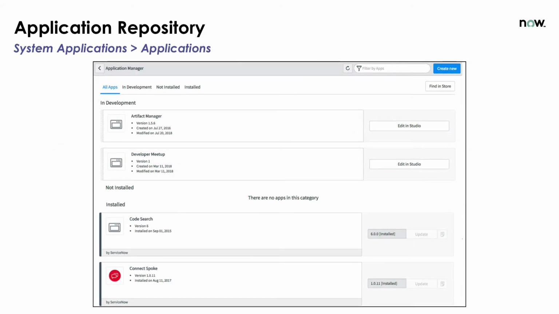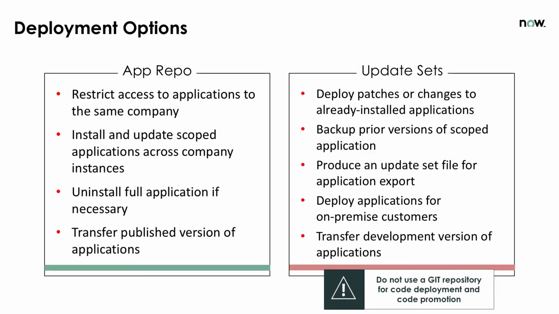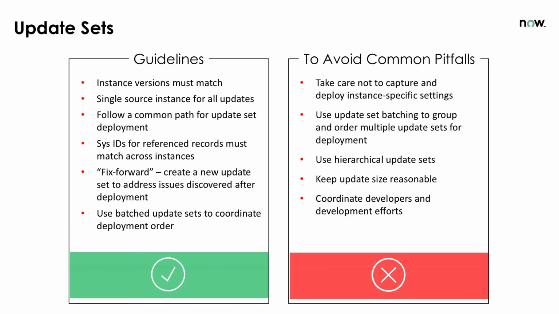Applications, the interface for this has changed quite a bit in the London release. So you can see what's in development, not installed, installed in there. Deployment options via the app repo versus update set, when you should use each one of those, and then some guidelines to use with update sets.